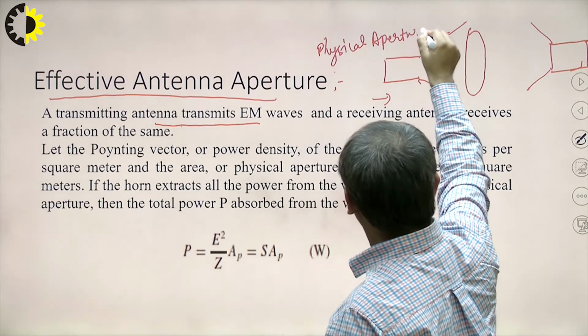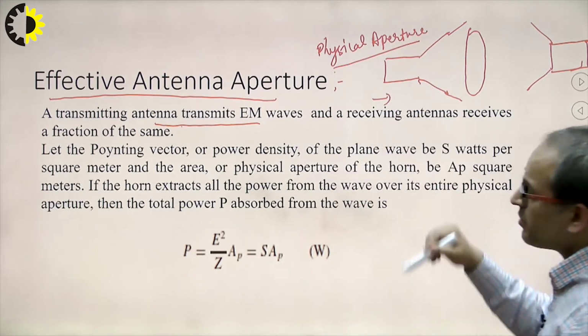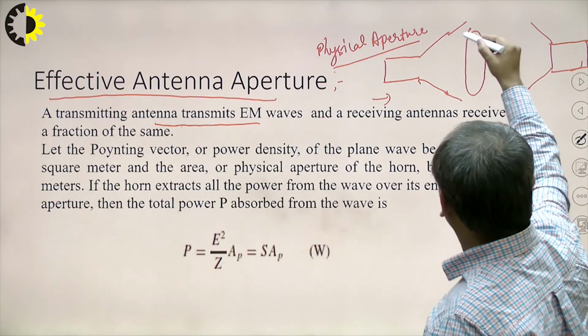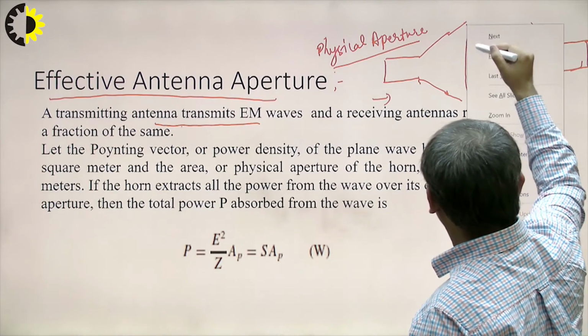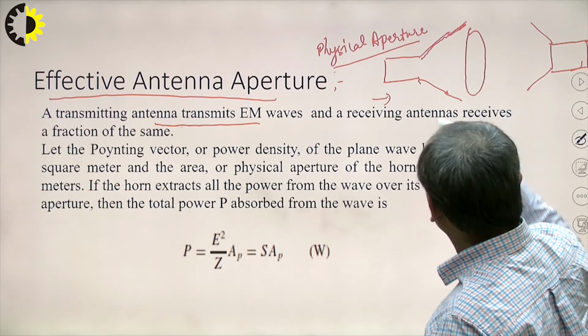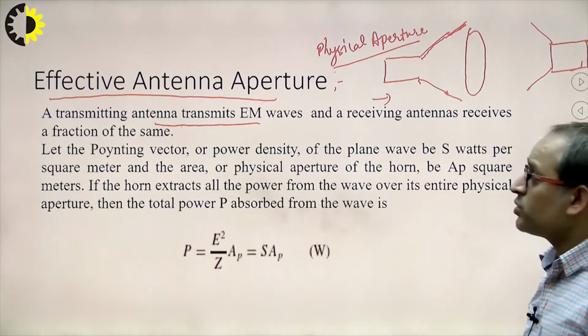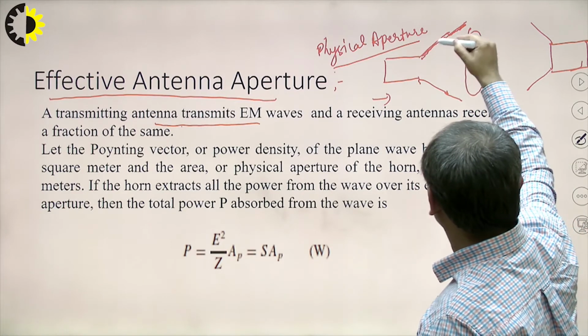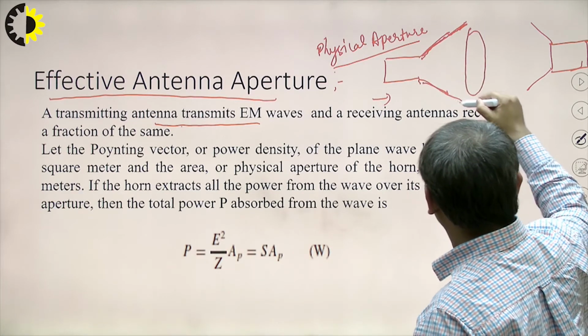This is the physical aperture. But when it radiates some energy, the electromagnetic field at the boundary is not continuous. So there is a discontinuity at these fields.